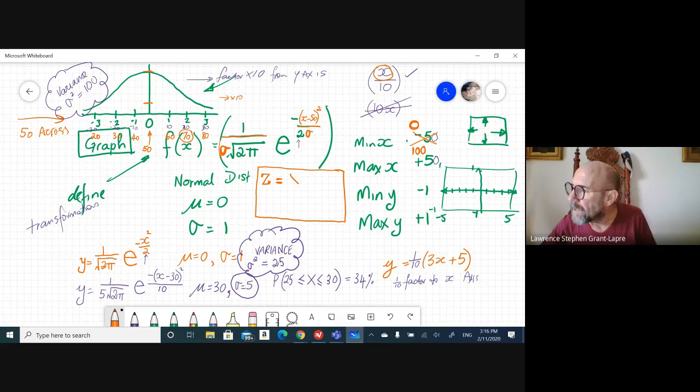Yes. If X equals 70, what is the Z value? There's a little formula called Z equals X minus mean over standard deviation. So it's getting 70 minus the mean, that's called the deviation.